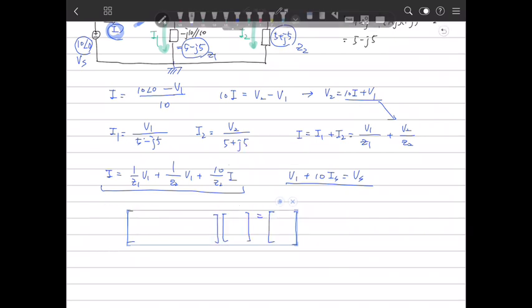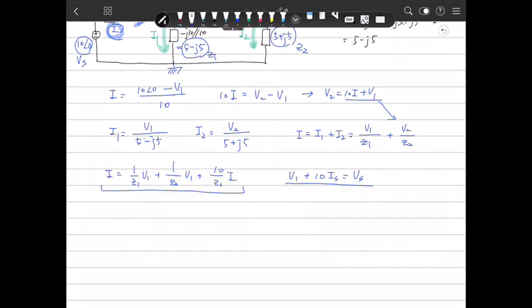No, I will derive it more simply. From here, we multiply by Z1 and Z2. So Z1 Z2 I equals Z2 V1 plus Z1 V1 plus 10 Z1 I. So from here, we rewrite it as Z1 plus Z2 times V1 plus Z1 times 10 minus Z2 times I is 0.